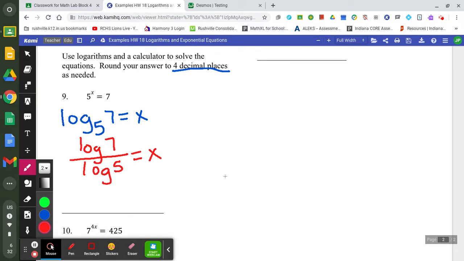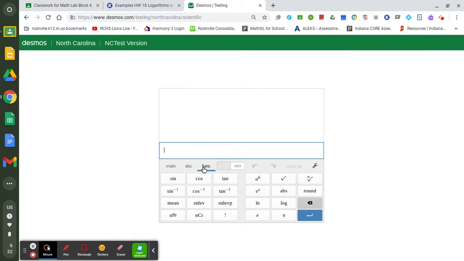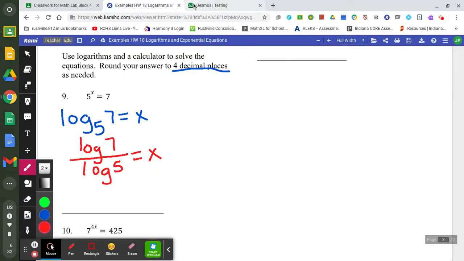Okay, so we're going to go into the Desmos Scientific Calculator, and I have main, ABC, and function. I need to make sure I hit function. There is this button that says log. So it was log 7 over log 5.